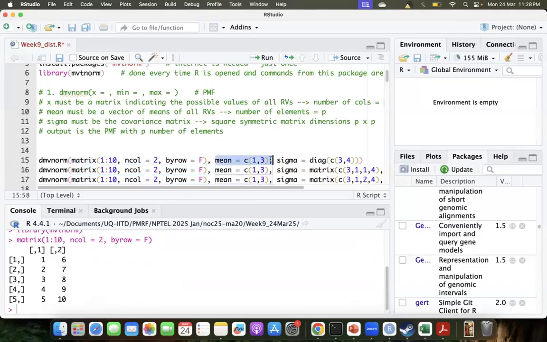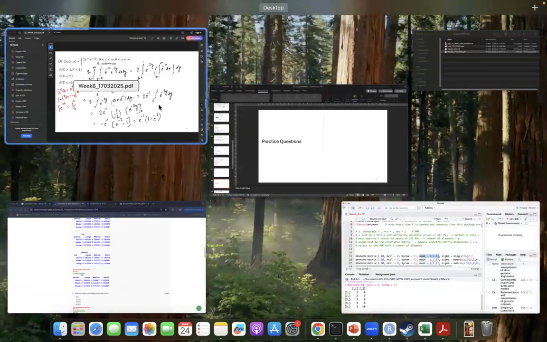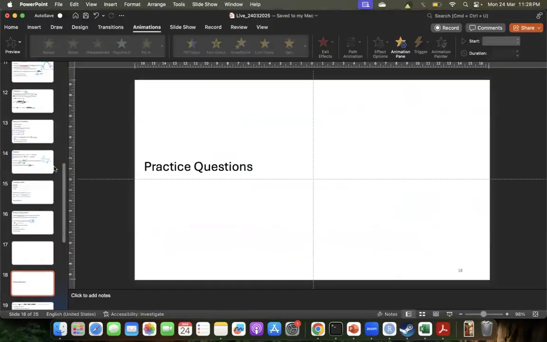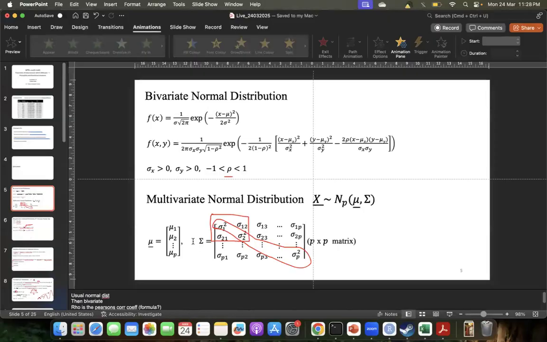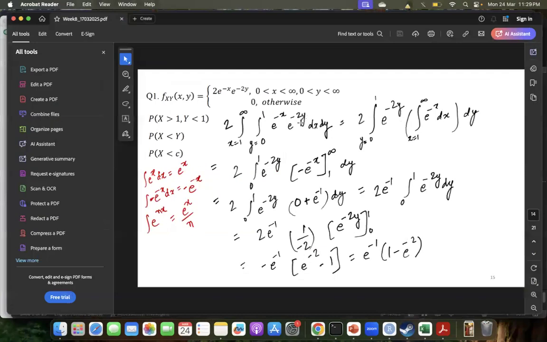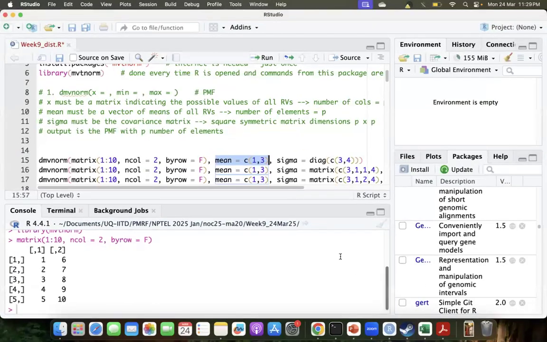Therefore, I need to give it two means also. So this is what we're doing here. We've given it the values of x and y, and we also have to give it the means and another matrix. Since it's just two variables, we have to give it two means.